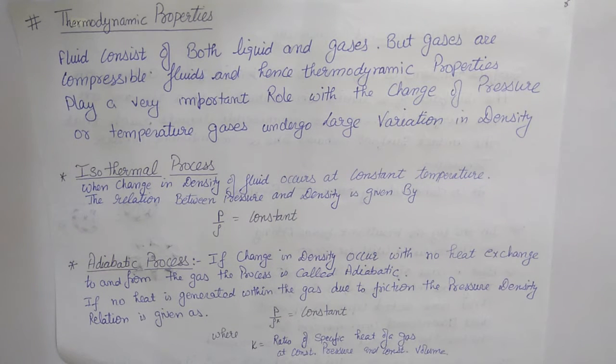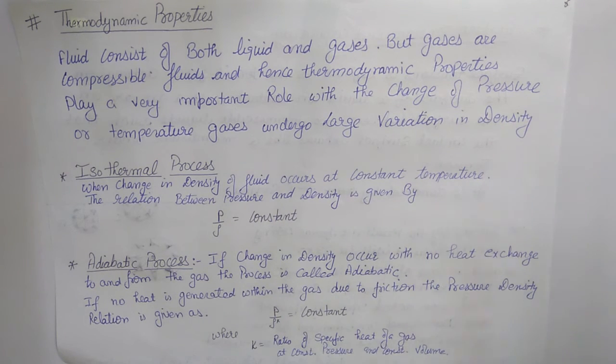Isothermal process. When change in density of fluid occurs at constant temperature, the relation between pressure and density is given by pressure upon density is equal to constant. For adiabatic process, if change in density occurs with no heat exchange to and from the gas, the process is called adiabatic.